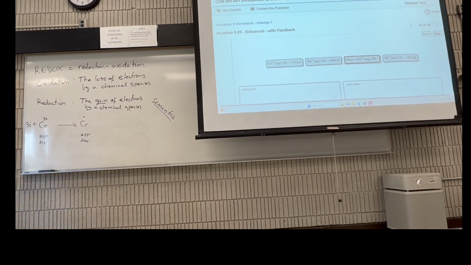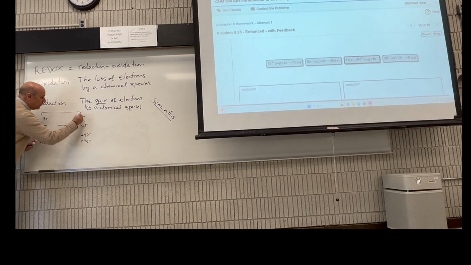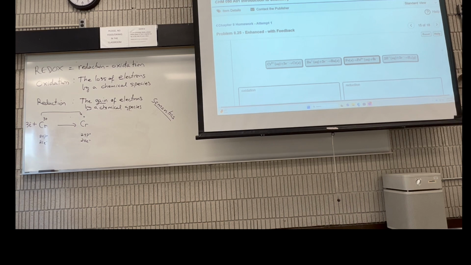Now let's do the labeling. What is happening to chromium in this direction? Right, so let's label these guys. When you gain electrons, it's a reduction, right?